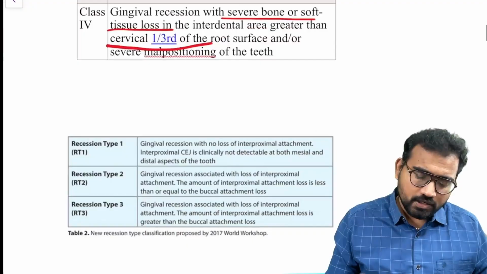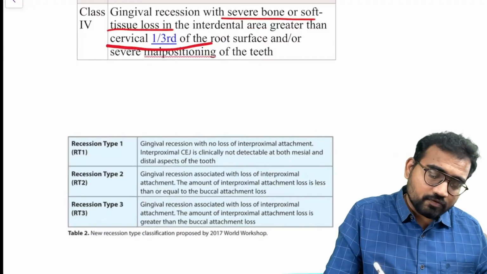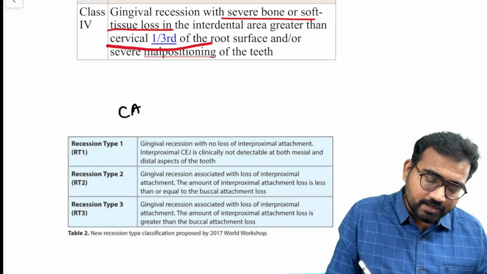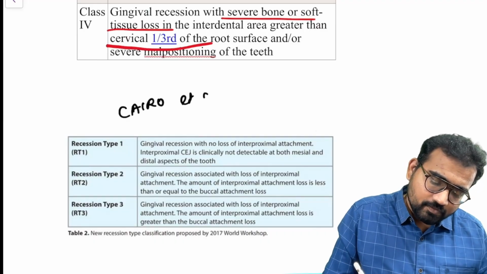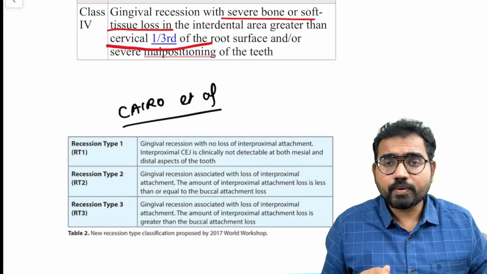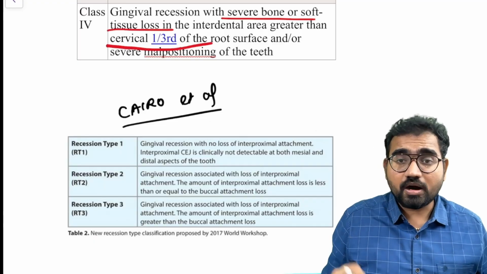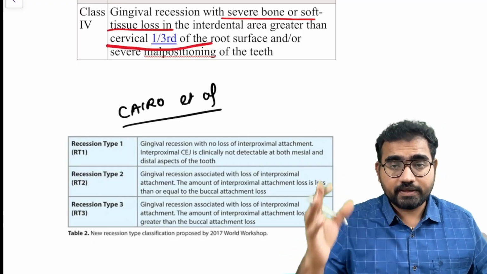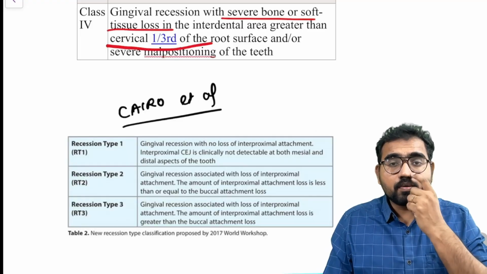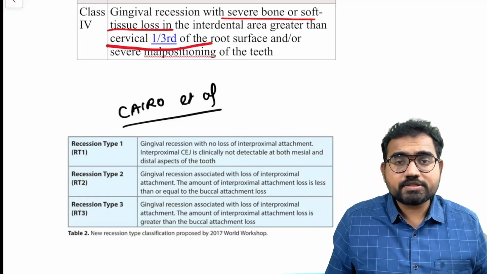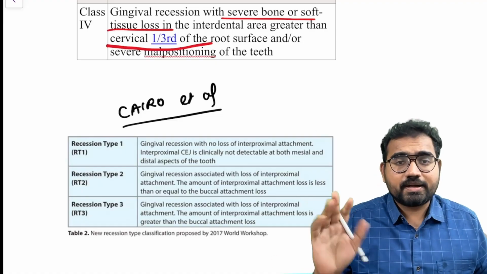Now the recent classification of gingival recession was given by Cairo et al. This classification tells RT1, RT2, RT3. It talks about the interproximal attachment loss as well as the buccal attachment loss.